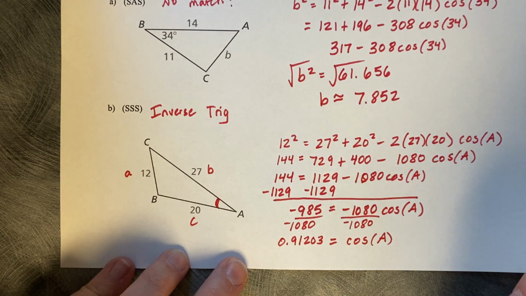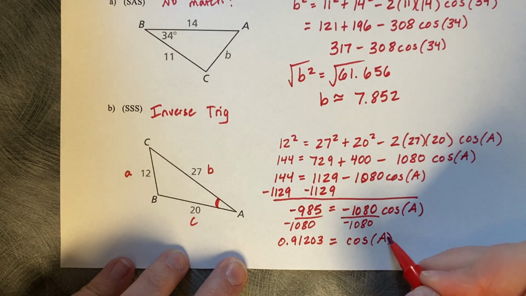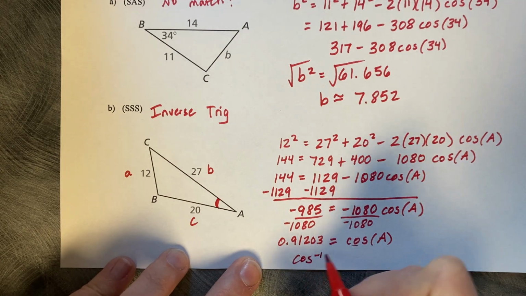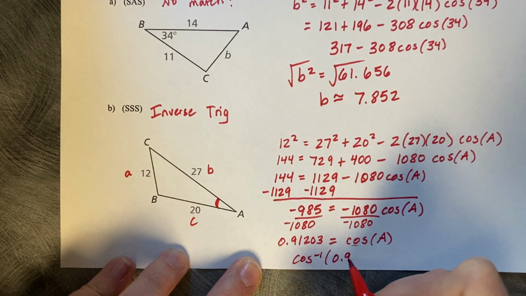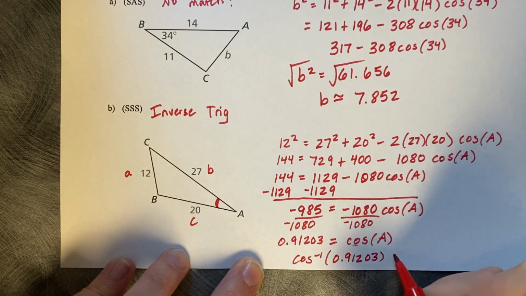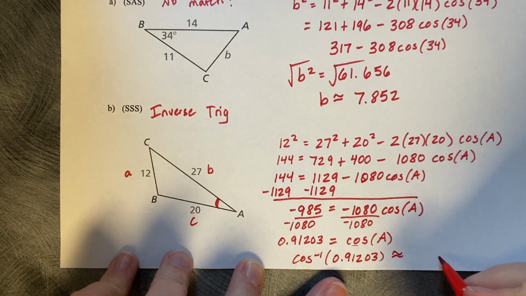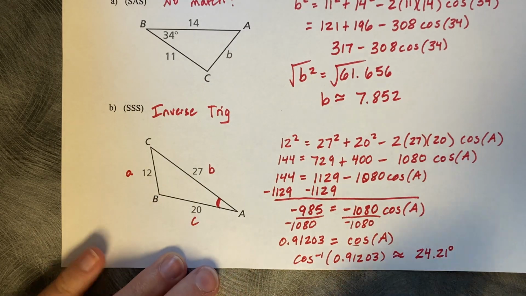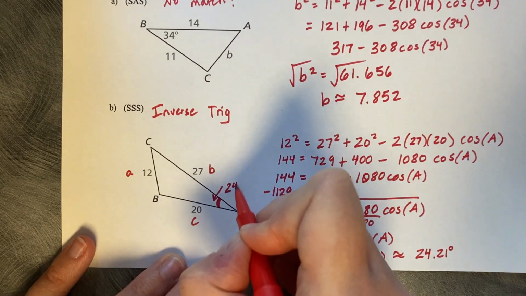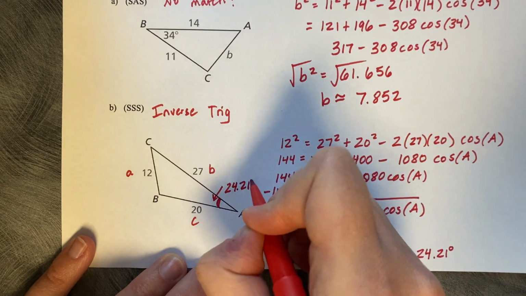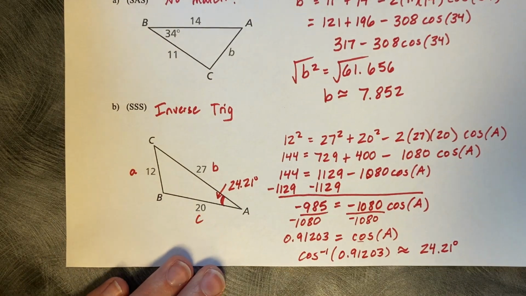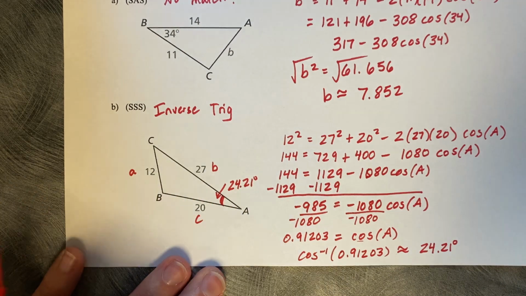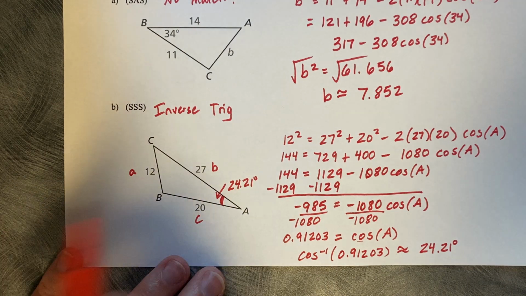Cosine of A. And then finally, to get to this A, this is where we take an inverse. So the inverse cosine of 0.91203 is approximately 24.21 degrees. And then you could work from there because now you have a law of sines match. So you've got that side length 12 that matches your angle 24.21.